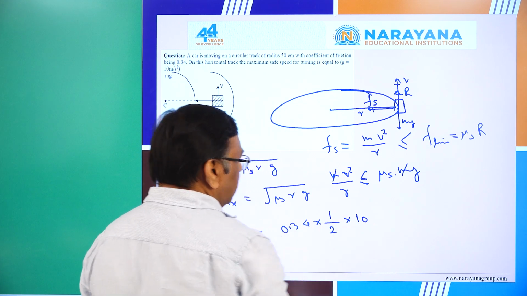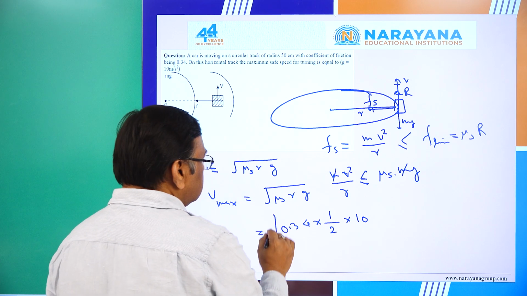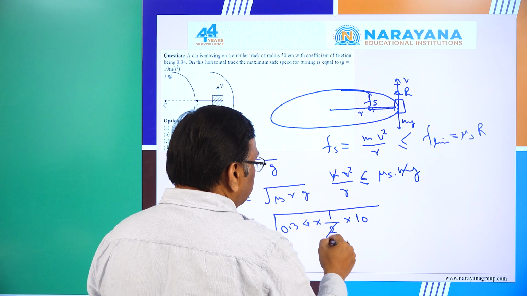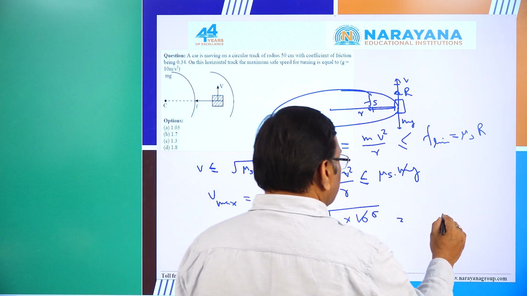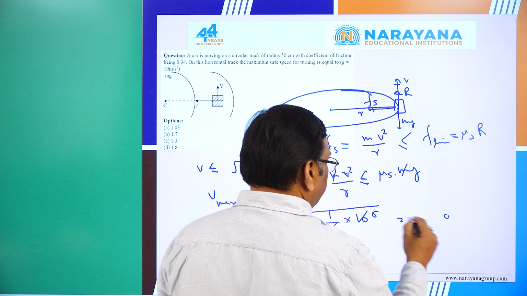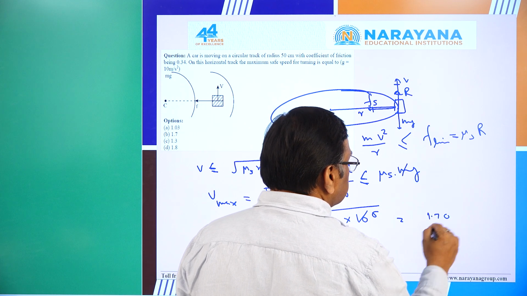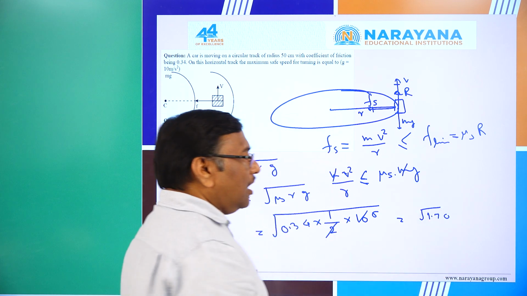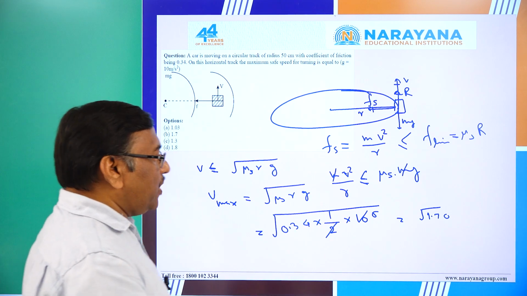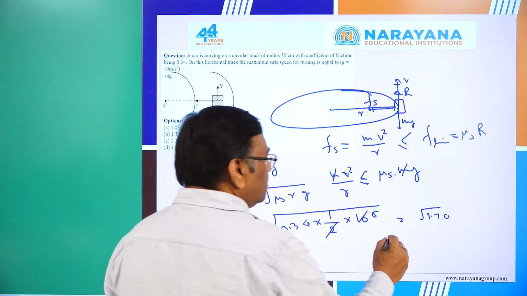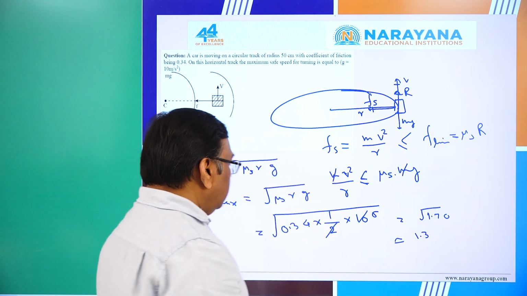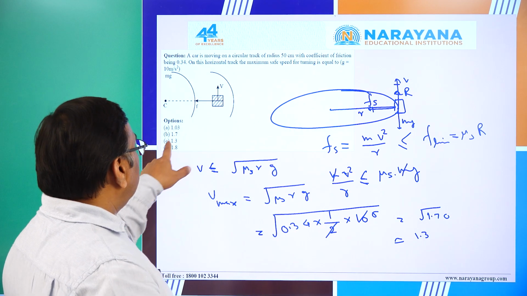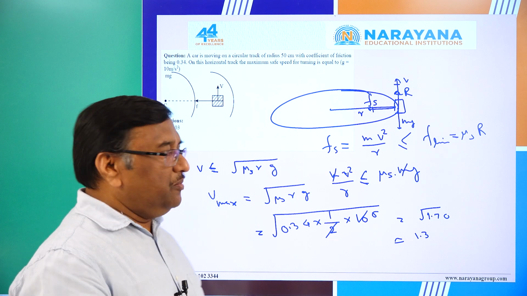If you simplify this, 5 into 4 is 20, 5 into 3 is 15, so it is going to be under root of 1.7. And 1.7 is nearly 1.3 square, that is 1.69 nearly. So the maximum velocity should be v equal to 1.3 meter per second.